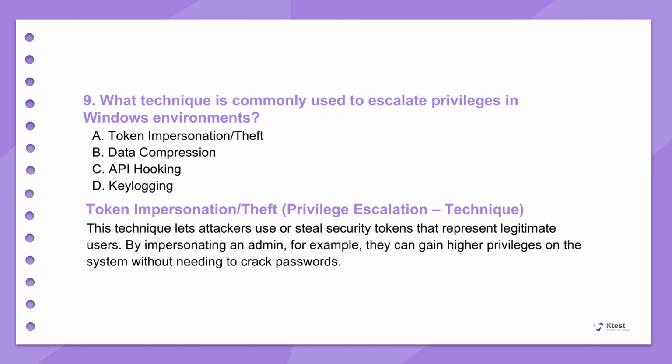I love it. The source also touched on getting more power on a system. Privilege escalation. It mentioned a Windows technique. Right. Privilege escalation. Gaining higher level permissions than they initially had. The technique mentioned was likely token impersonation or token theft. And that basically means stealing another user's identity temporarily, like grabbing their access token. Precisely.